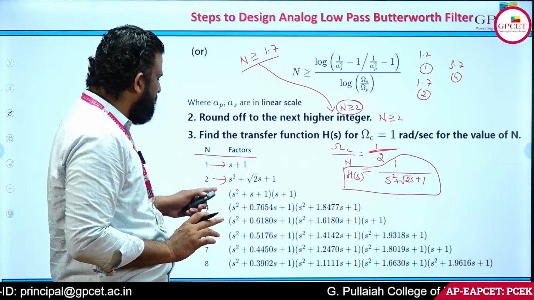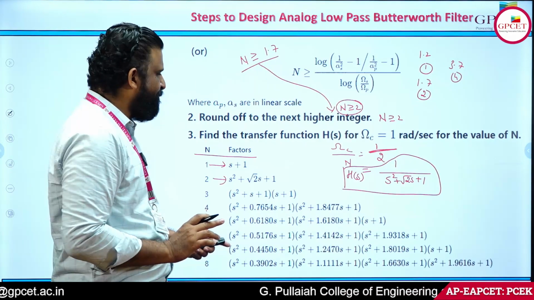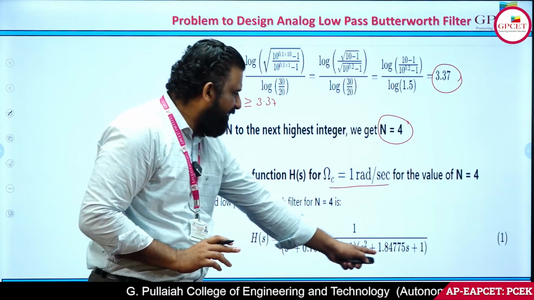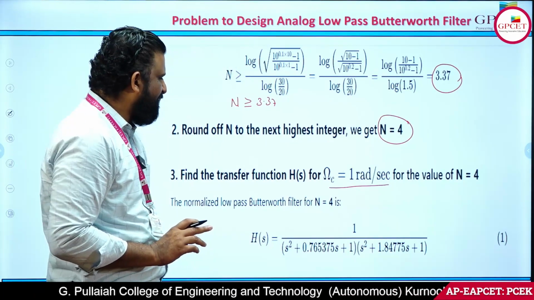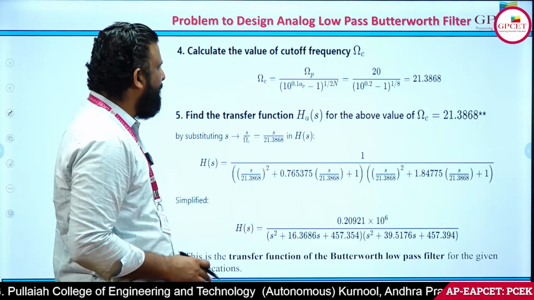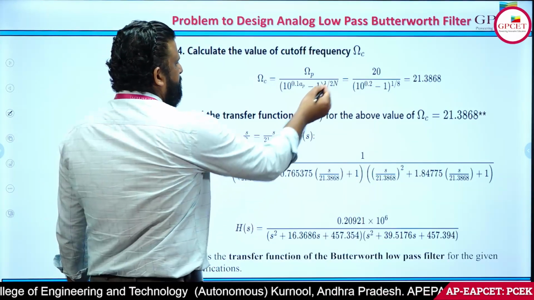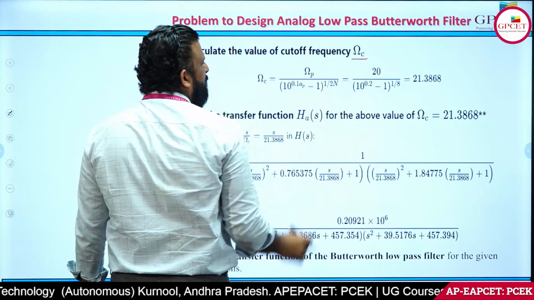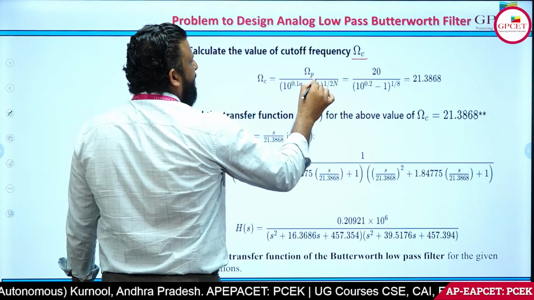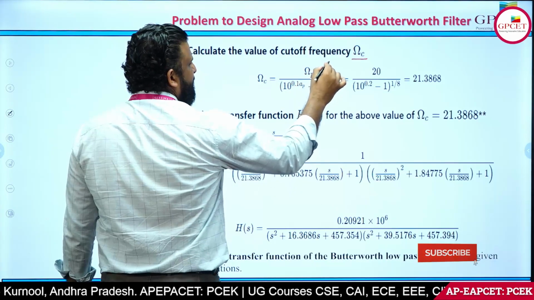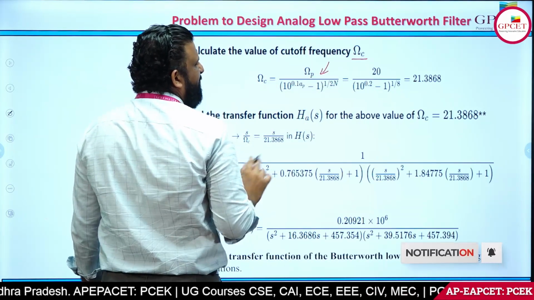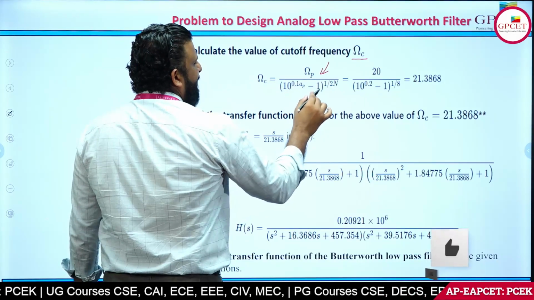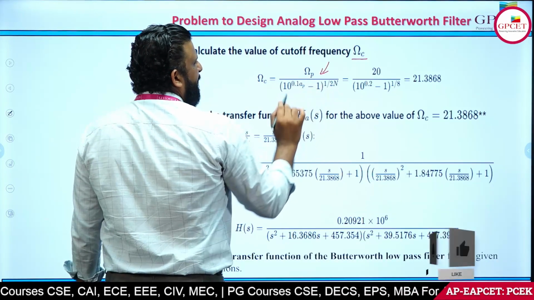The factors which belong to N equal to 4. I multiplied those, and finally, in the fourth step, we have to find the value of omega c. I considered the first formula: omega p divided by (10 to the power of 0.1 alpha p minus 1) whole to the power of 1 by 2N.